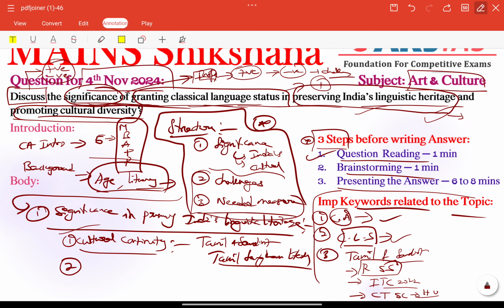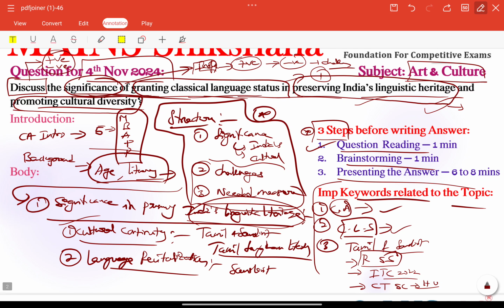Next important thing is language revitalization, also very important. Language revitalization is a very important significance in promoting India's linguistic heritage especially. Here we can talk about Sanskrit, which is supported by initiatives like Rashtriya Sanskrit Sansthan.